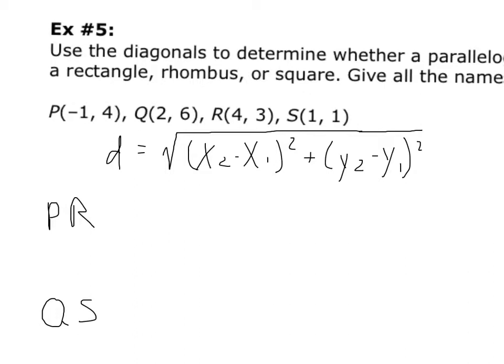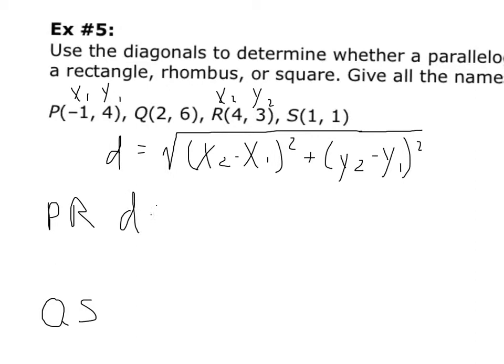We're starting with PR, and remember we're just going to label these down the row. We got x1, y1, and x2, y2. We're just going to plug these pieces of information into our distance formula and churn it out.